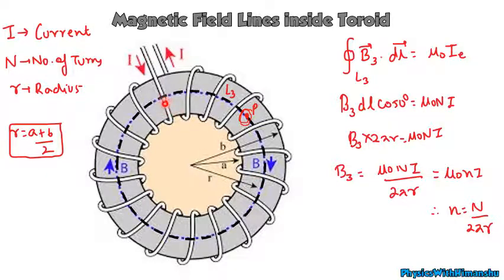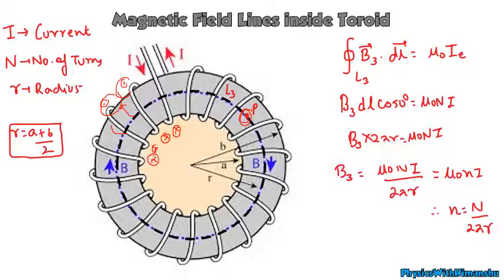Now see, if you take this loop L3, the current is only going inwards in this loop, because the point where the current is outwards is outside of L3. So we will not take this current, we'll only take the inward current.